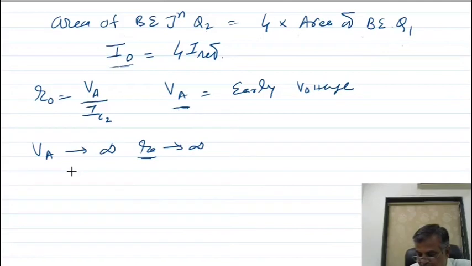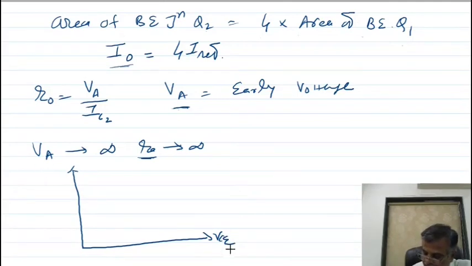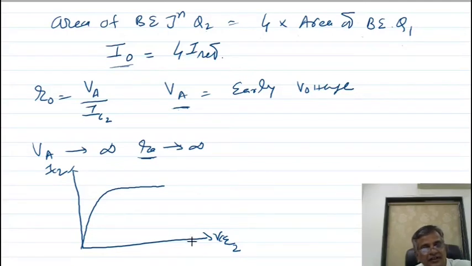This same you can see from these characteristics also. For transistor 2, this is IC2, a graph of collector current and collector emitter voltage characteristics. This voltage I am writing VCE2 just for your understanding. This is called the active region.